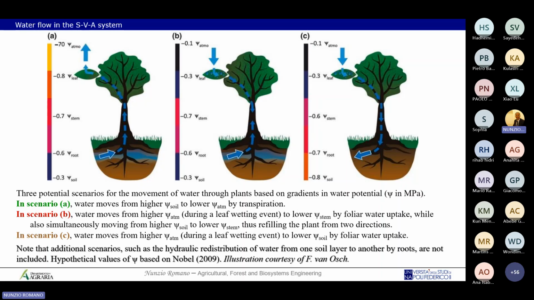So the difference is relatively low, and the presence of mycorrhiza can prevent this, so the water just remains in a certain way blocked in the roots. And this is my last comment, so you can think about the complexity of water movement from soil, vegetation, and atmosphere.